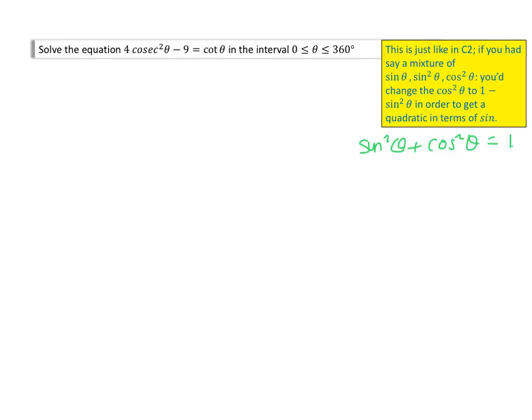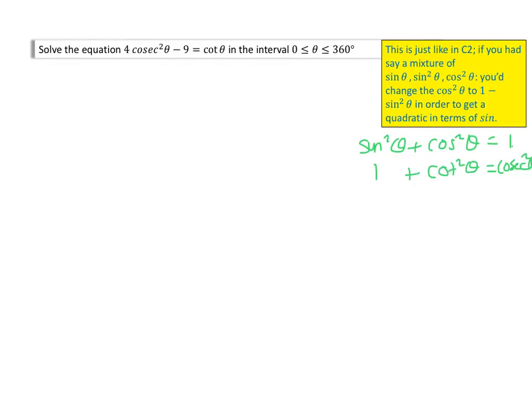So if I divide through by sine squared theta, I will get 1 plus cot squared theta equals 1 over sine squared theta, which equals cosec squared theta. Just run out of room there.